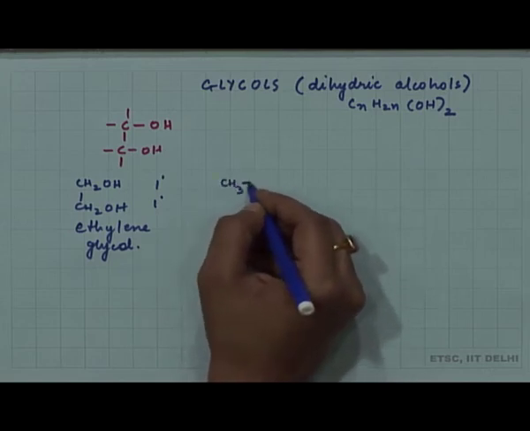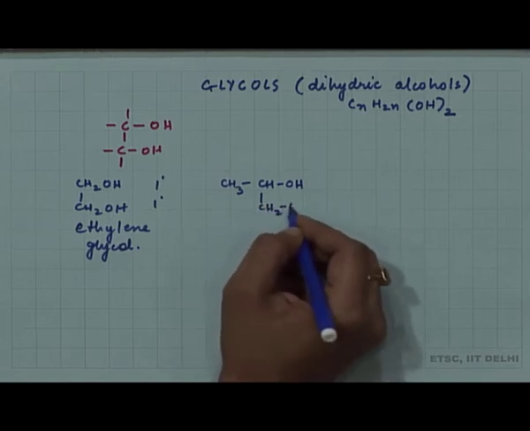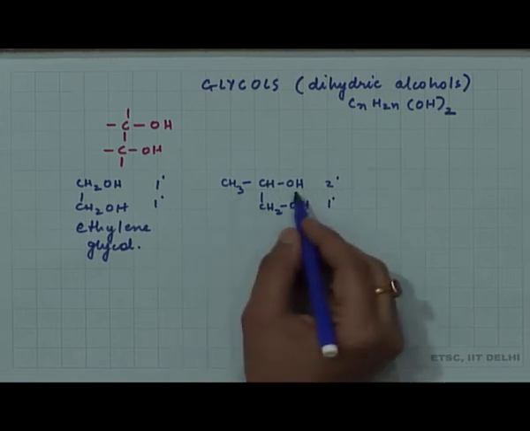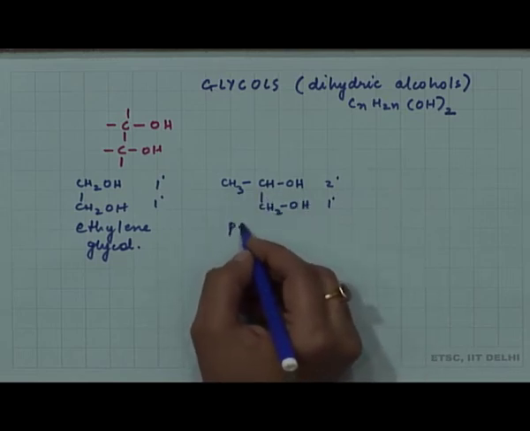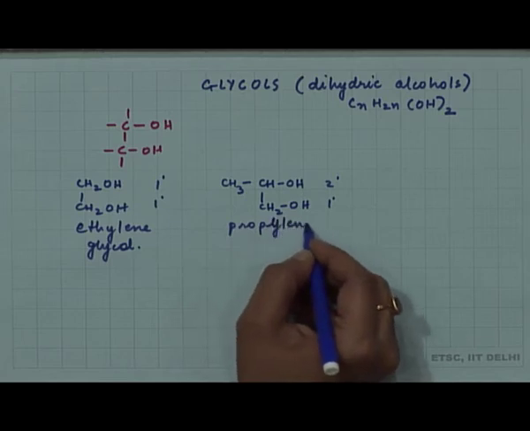If you have a secondary alcohol linked to a primary alcohol, this 1, 2, 3 carbon system, we call this propylene glycol.